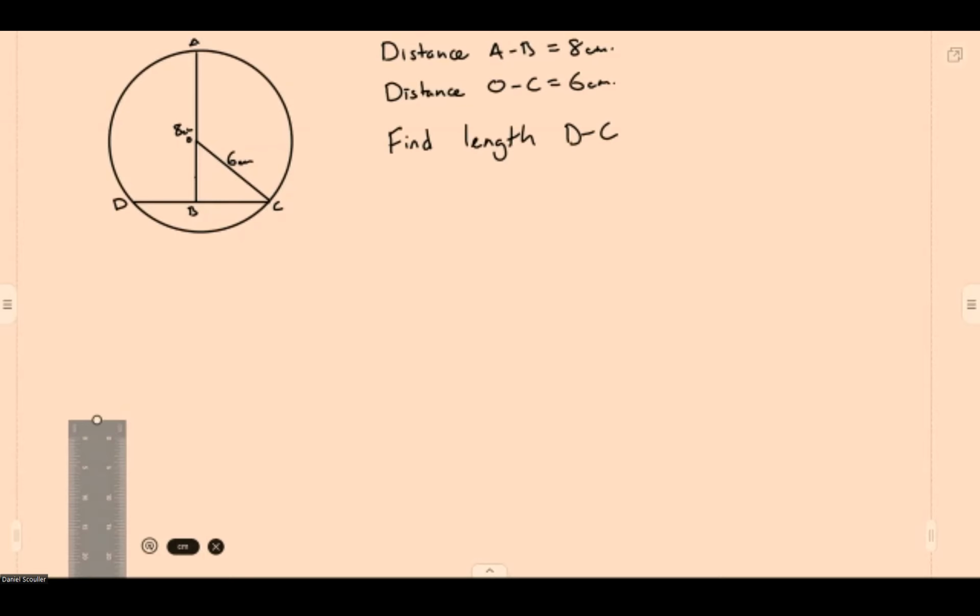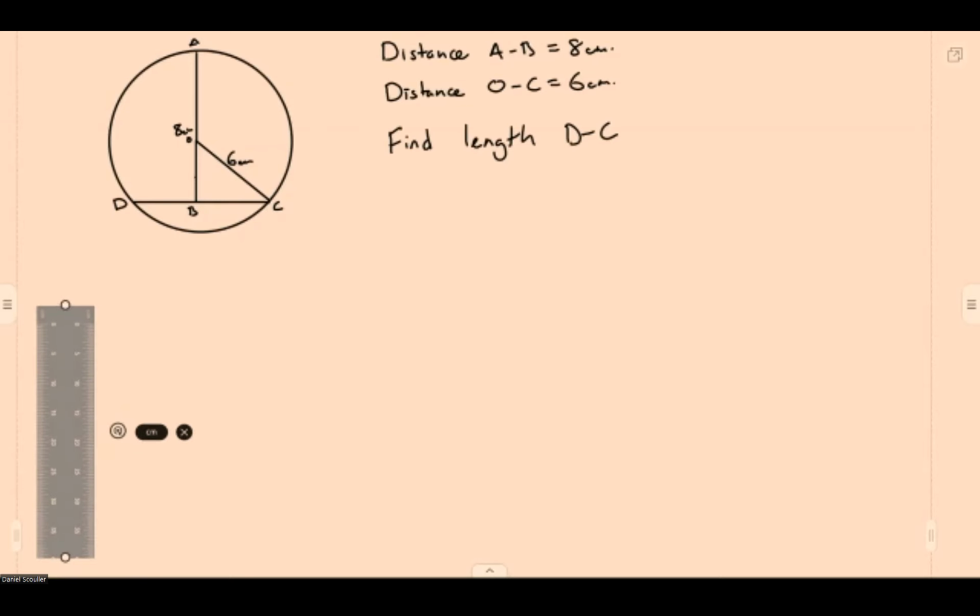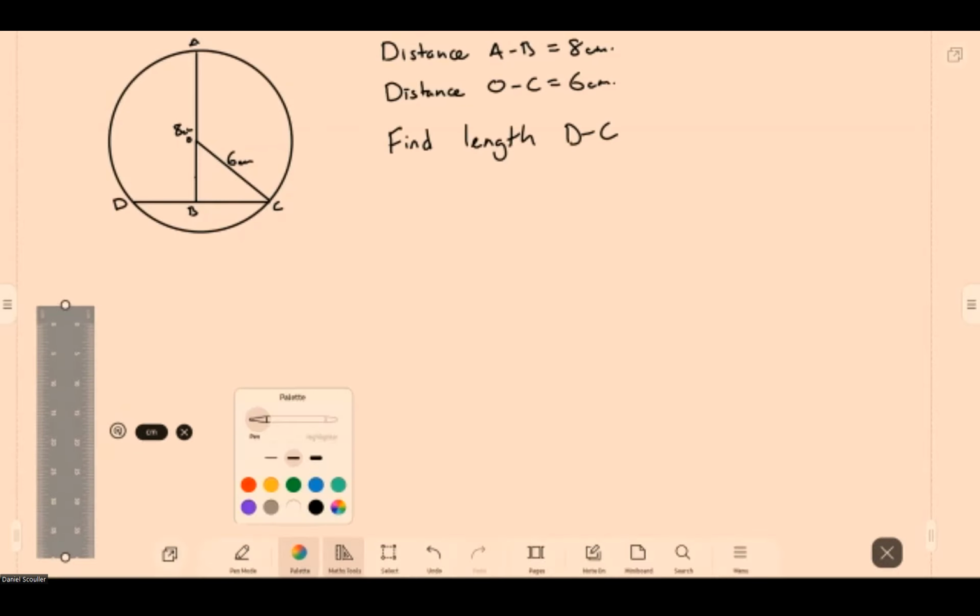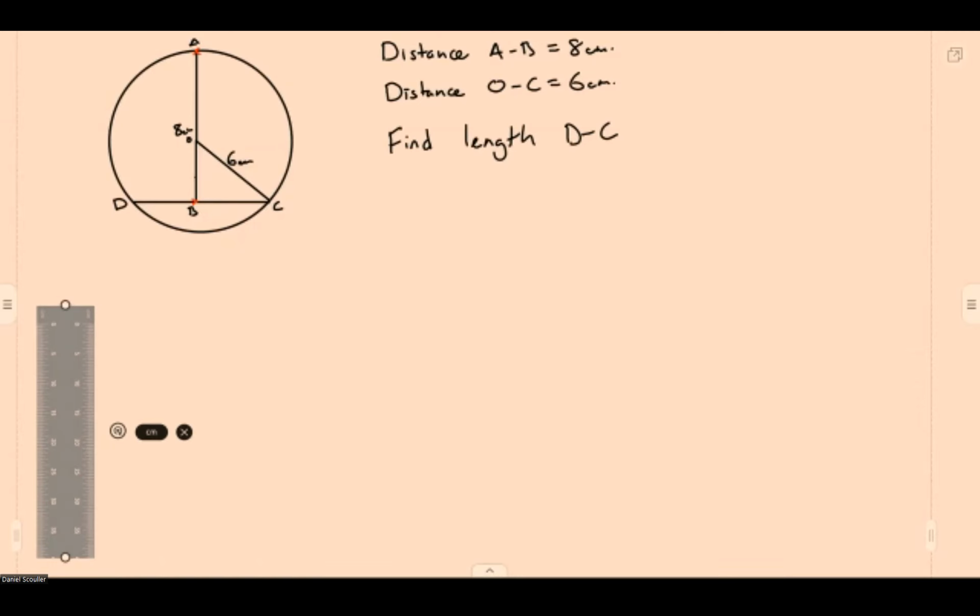So there's a lot going on in this question. Let's identify what they've given us. They've given us A to B being 8 centimeters. They've given us OC, which is centre of circle to the outside edge, and they've told us it's 6 centimeters.